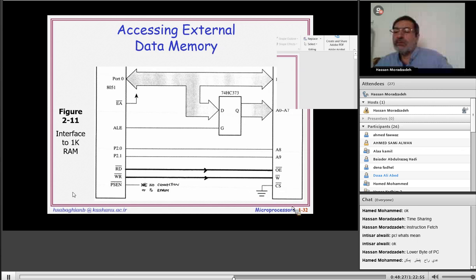When we use several chips, for example chip select 1, chip select 2, chip select 3, each is not simply connected to ground. For example, one may be connected to P2.2, or the chip select of another RAM is connected to P2.3, etc.